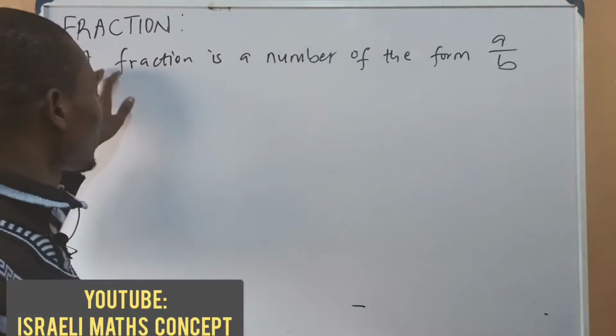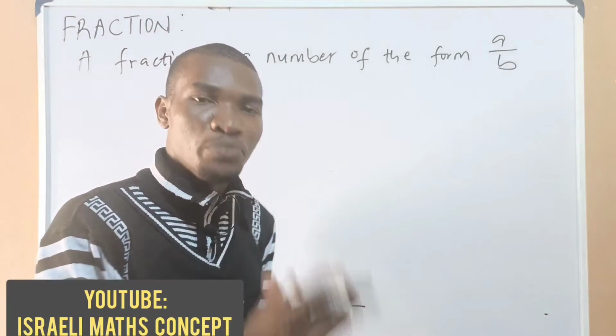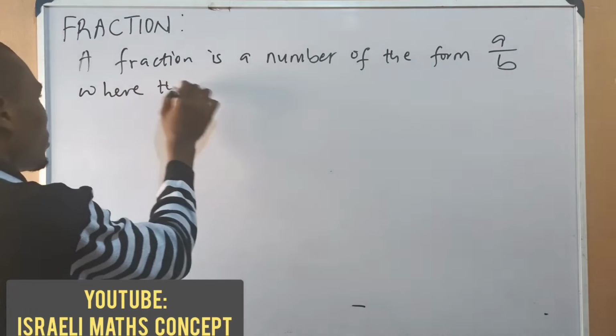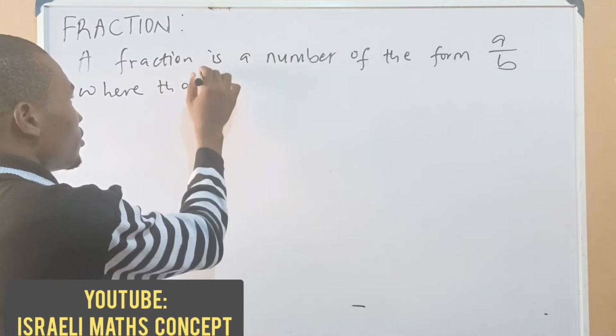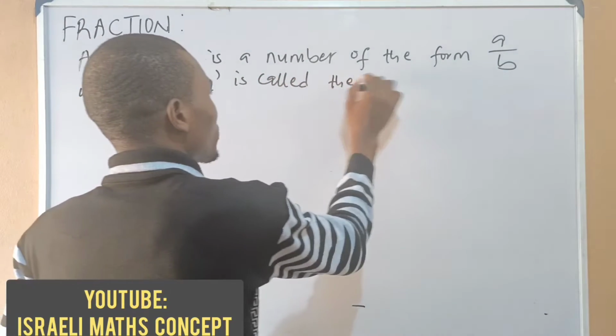That's why we say that a fraction is a number of the form a all over b, where the a is called the numerator.